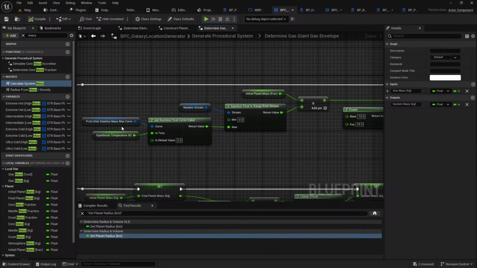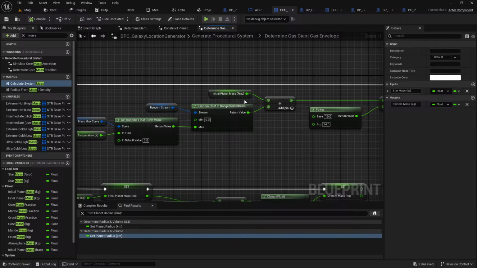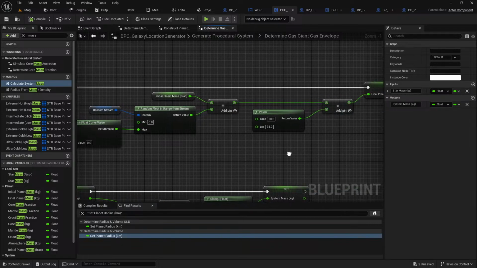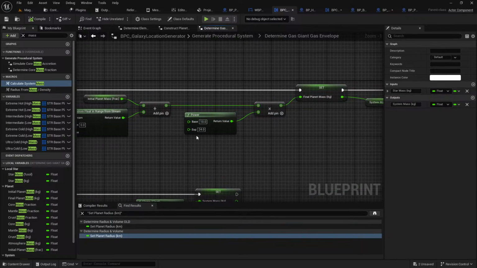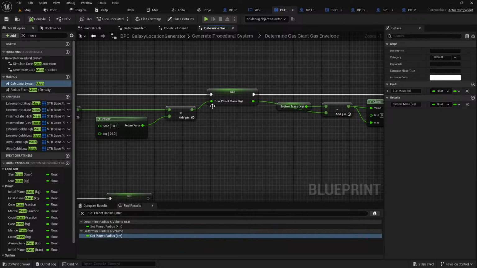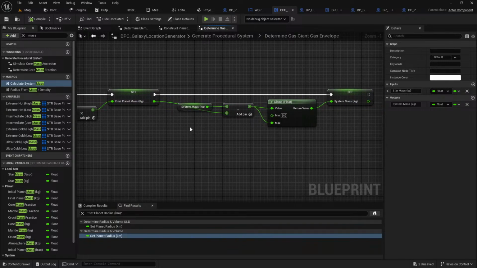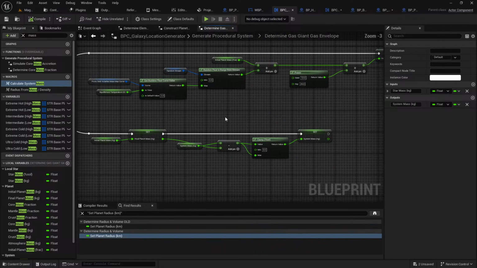Yeah, so we're adding the gas envelope mass to the core mass, and then we're timesing that by 10 to the power 24, and that's our final planet mass, including the gas envelope, in kilograms, which of course we're then deducting from the system mass.